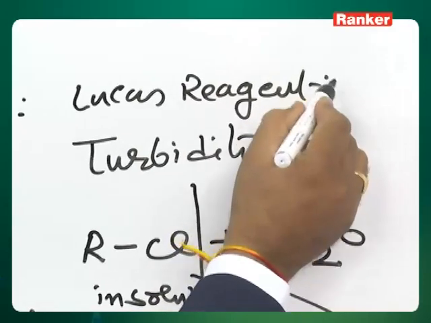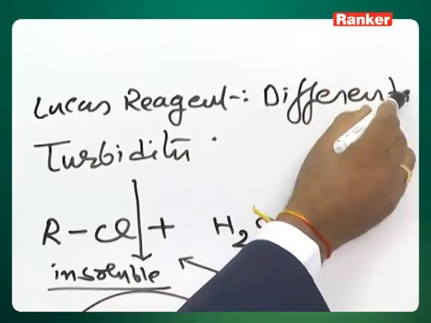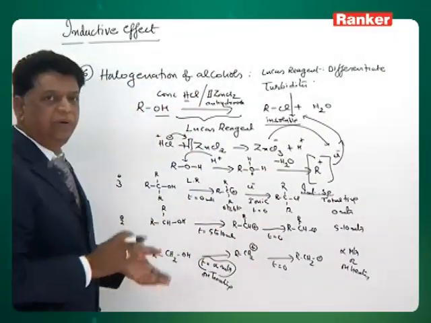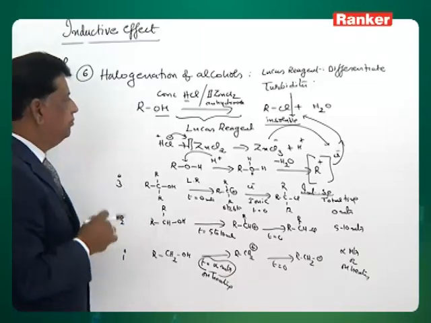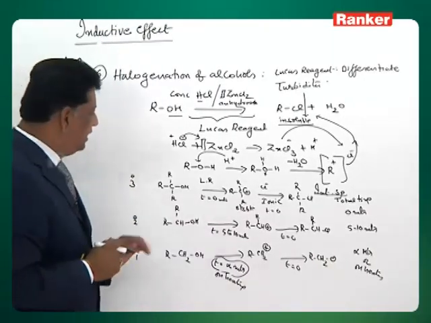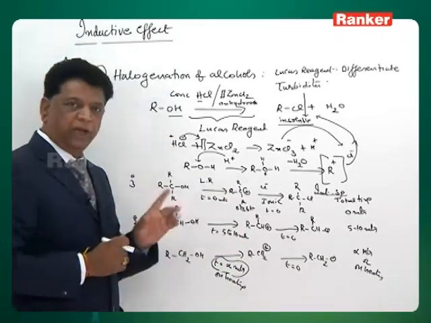The Lucas reagent is able to differentiate, or distinguish, the 3 degree, 2 degree, 1 degree alcohols. On what basis are you differentiating? All the alcohols pass through their intermediates, that is carbocations.